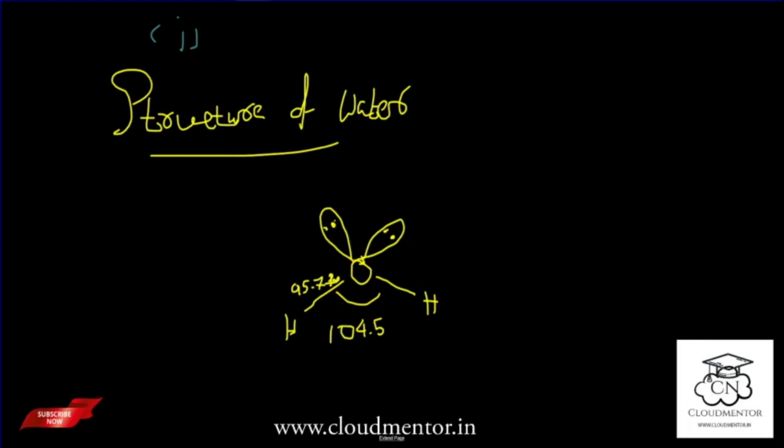The contraction continues from 0 degrees Celsius to 4 degrees Celsius as the hydrogen bonds are broken progressively. Thus, the density of water is maximum at 4 degrees Celsius. That is the point to be noted.